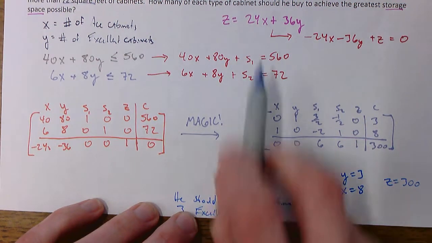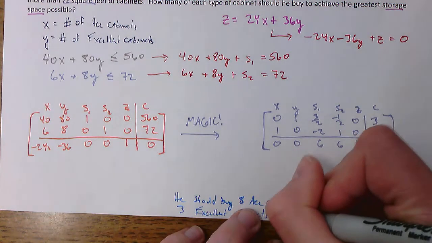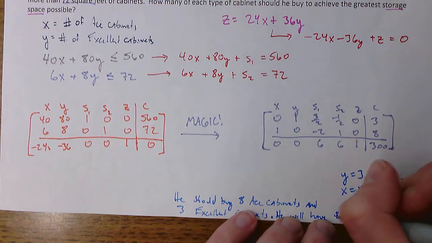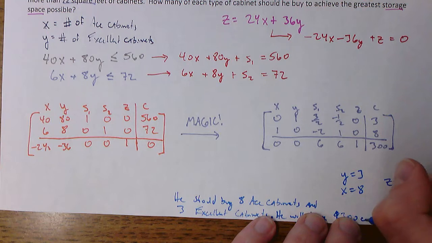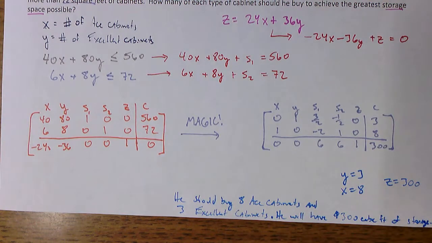And then z is how much storage file space he's going to have. So he will have, not $300, 300 cubic feet of storage. Just barely fit that on my page. So he'll get 300 cubic feet of storage. It's not dollars. That was silly of me.